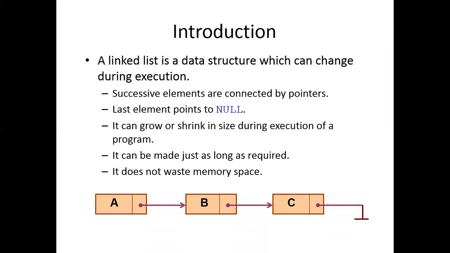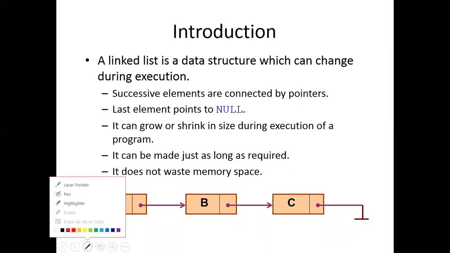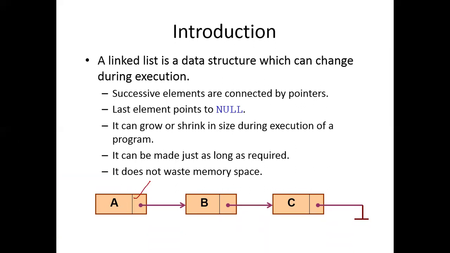If I want to save three data items, A, B, and C, these are my values, and here I have the next pointer. This next pointer holds the address of the next node in the list, and like a chain in a train, we can add the items.